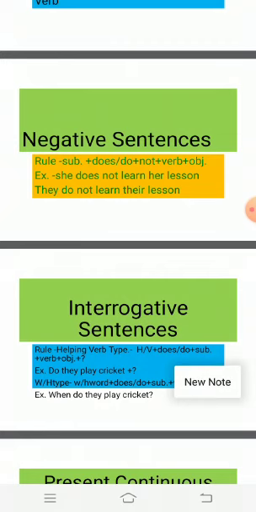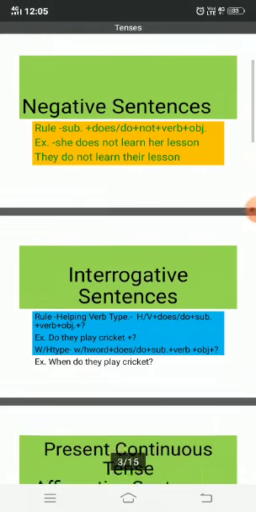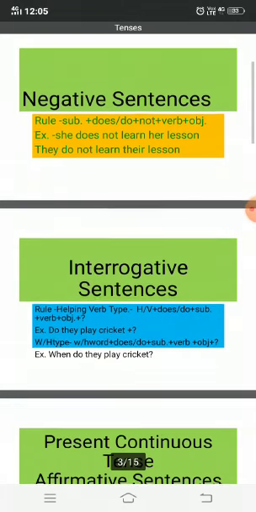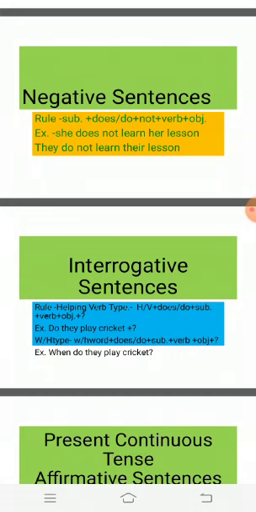Okay, so in helping verb type, first of all we use the helping verb. Then do or does, as I have told you, does with singular subject and do with plural subject. And then subject. After that verb, then object, and then question mark.